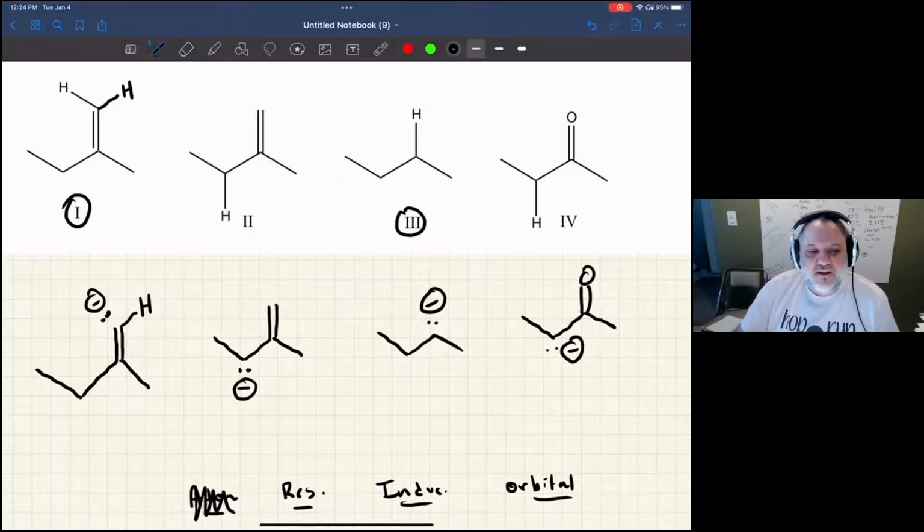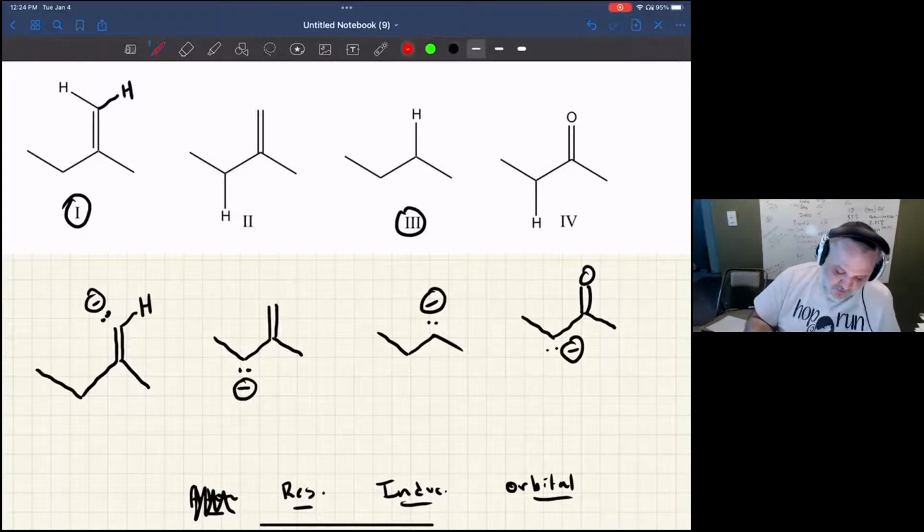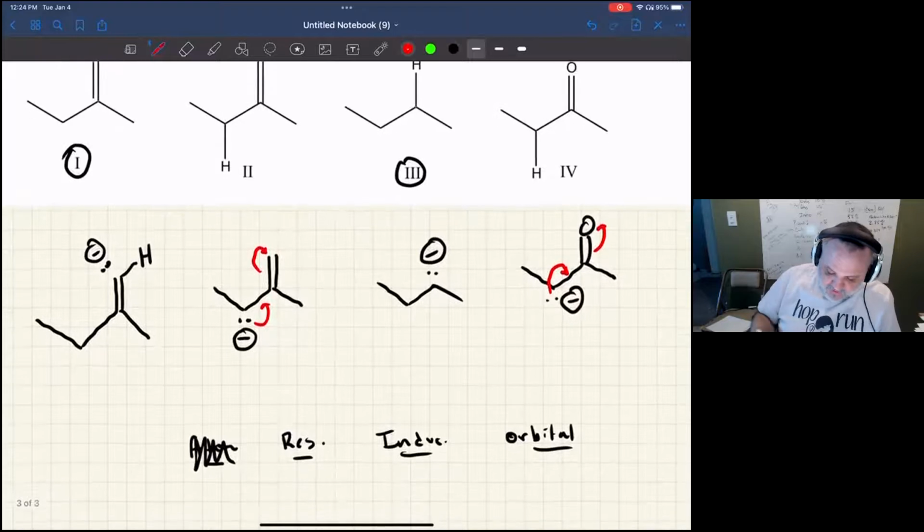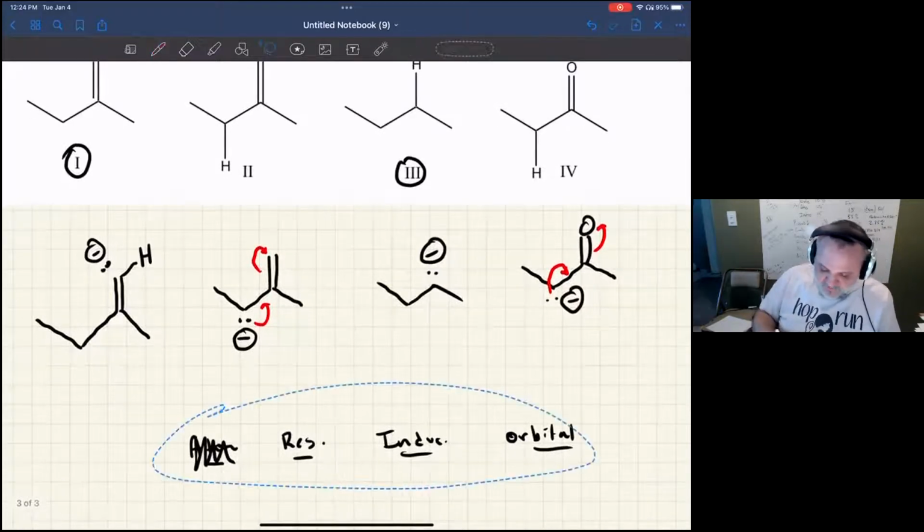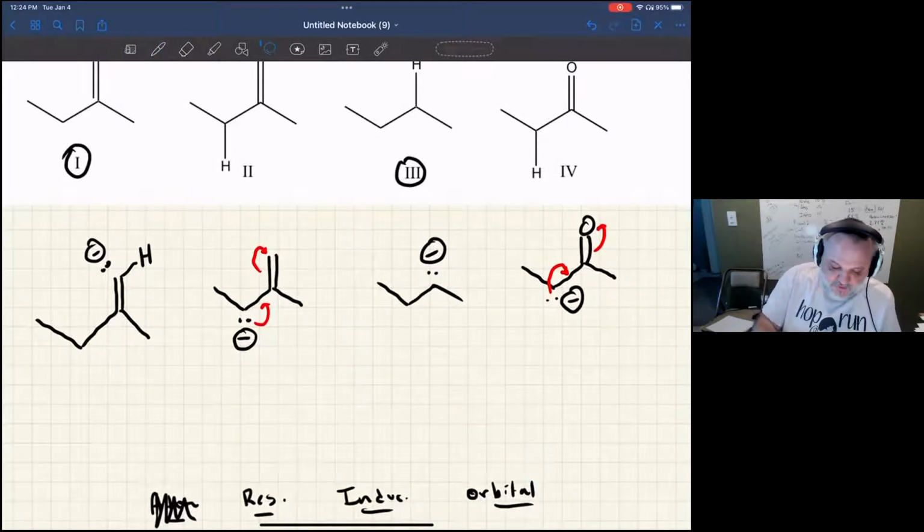Let's take a look at what is going on here. It turns out that in 2 and in 4, I can show a resonance structure where the electrons can be delocalized. So it's important to go ahead and consider the resonance structures that are able to be drawn.